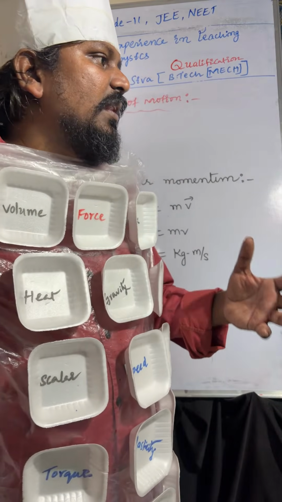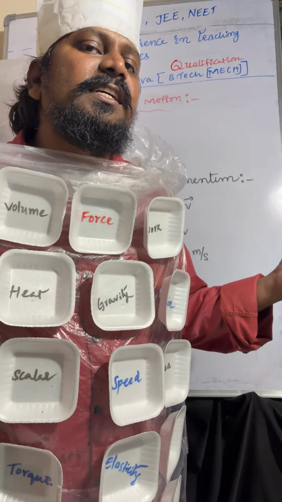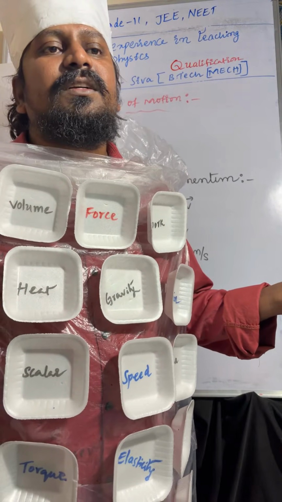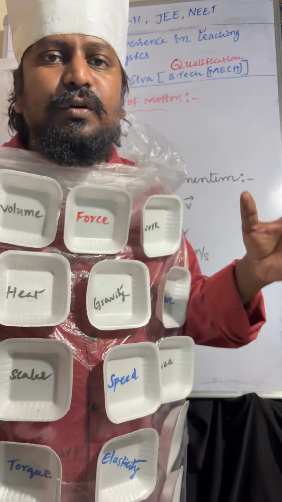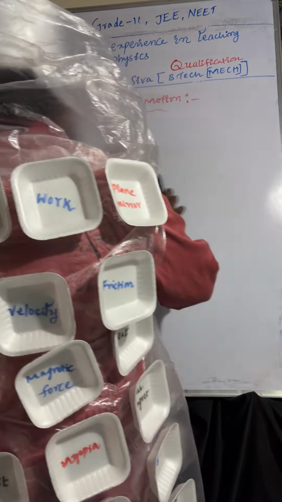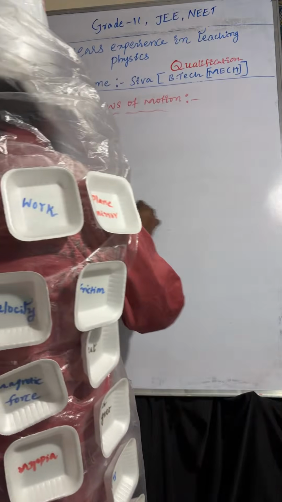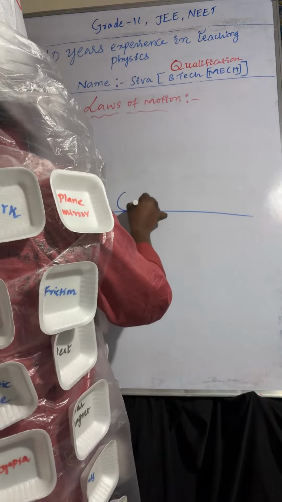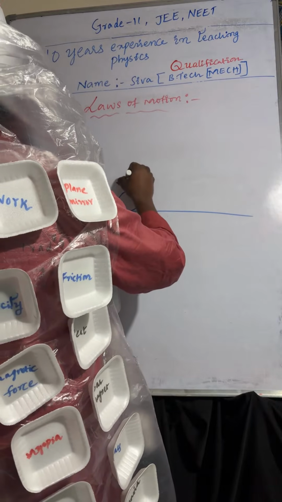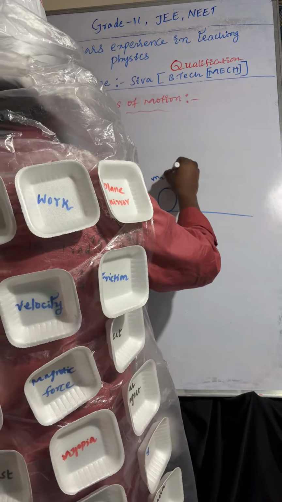And coming to the law of conservation of linear momentum. Momentum before collision. Suppose I am taking two bodies. This is a body M1, U1, and this is one more body M2, U2.